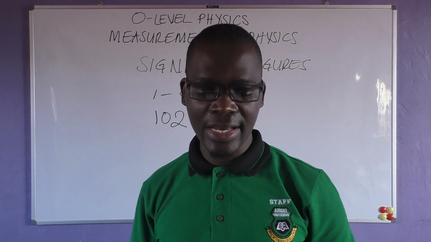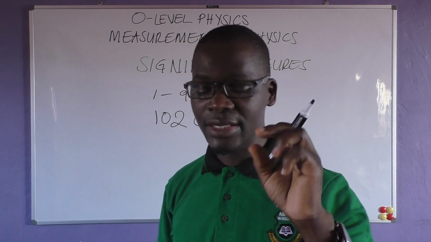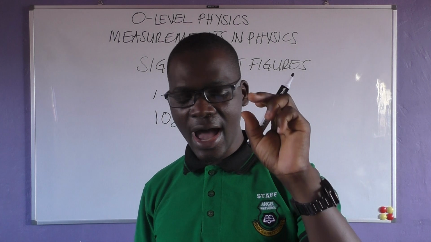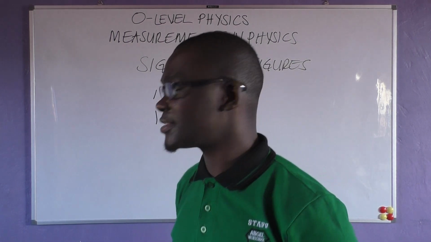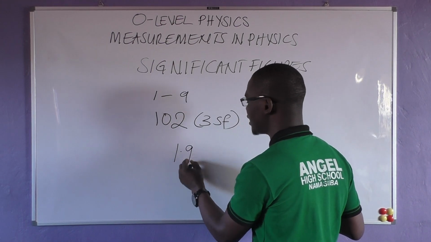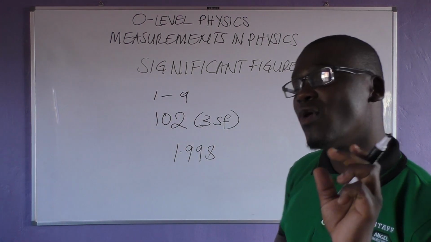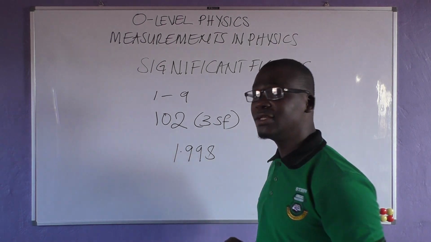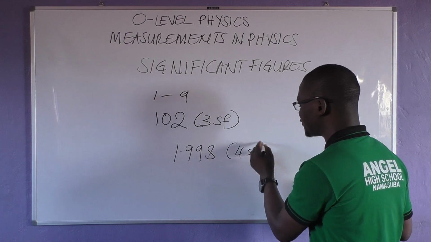Moving on to the third rule, we have the trailing zeros. The trailing zeros that are as a result of rounding off are significant. For instance, if I have 1.998 and I want to round off, because these are non-zero digits, these are 4 significant figures.